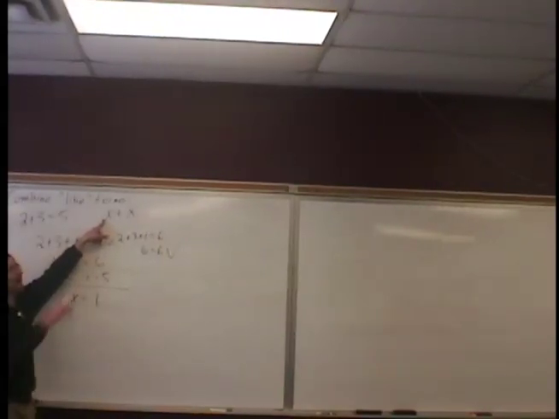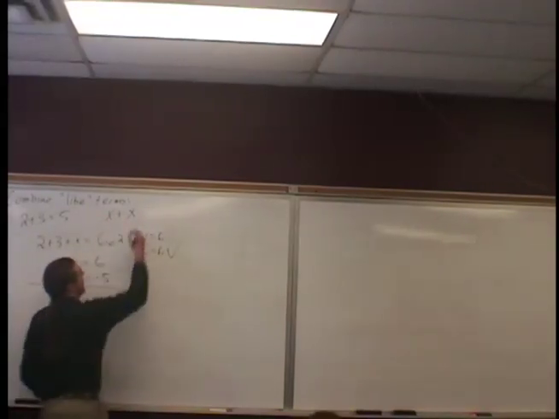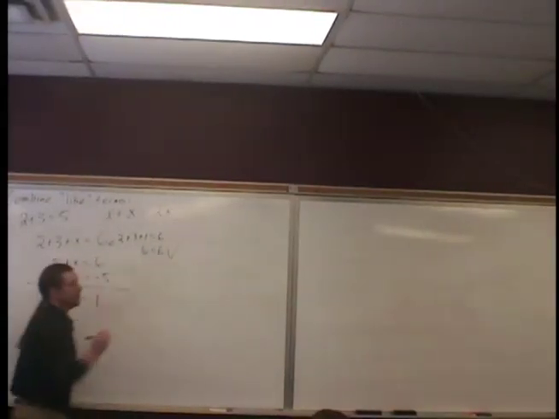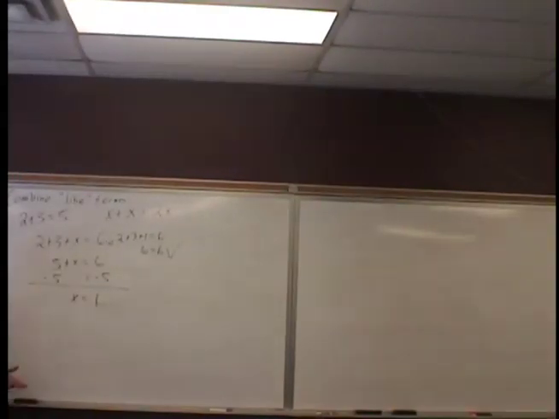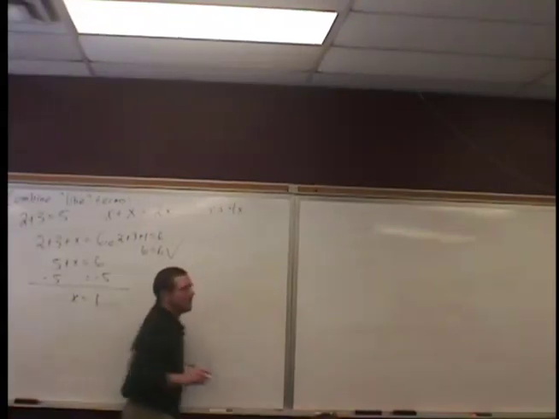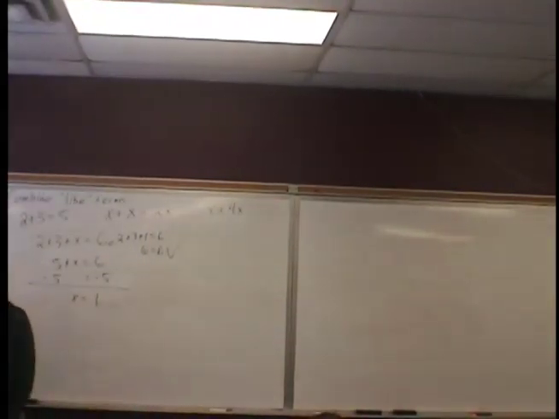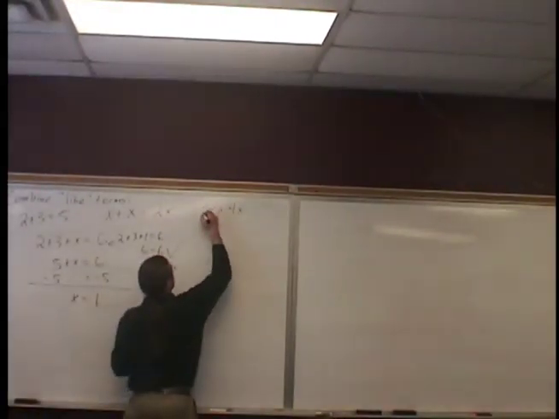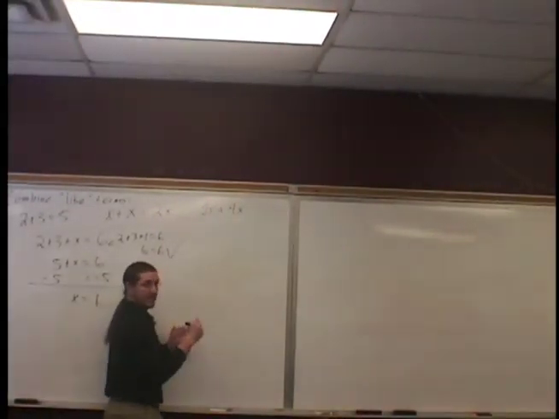That's why I told you back earlier that when you write down variables, remember that it means a 1 in front of it, right? So if you have 1x and you have another x, you add them together, you have 2 x's. So if I give you x plus 4x, how many x's do I have? 5, okay? Because 1 plus 4 is 5.